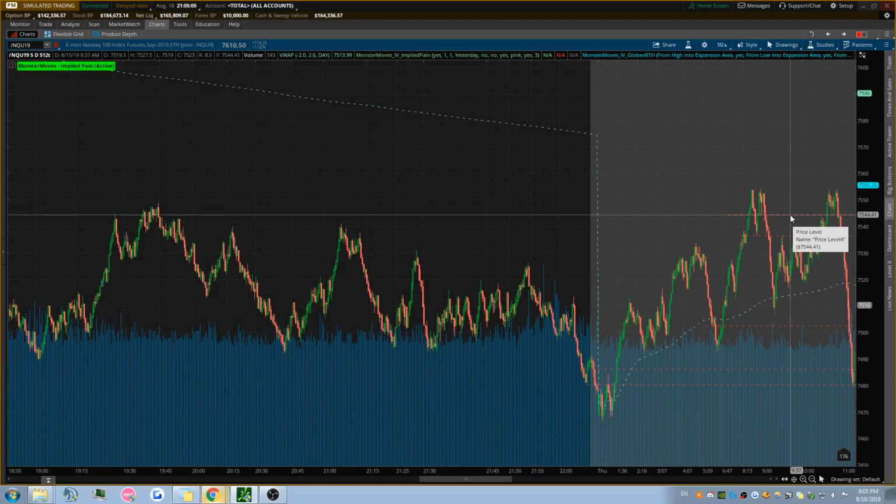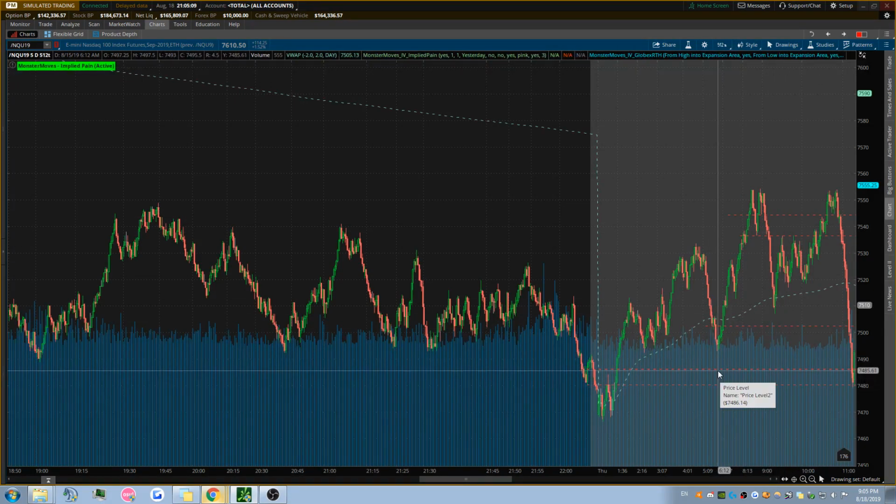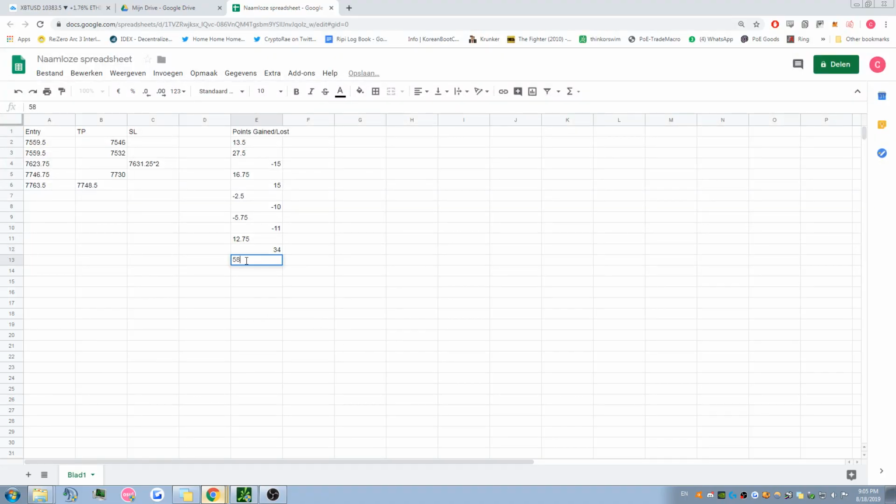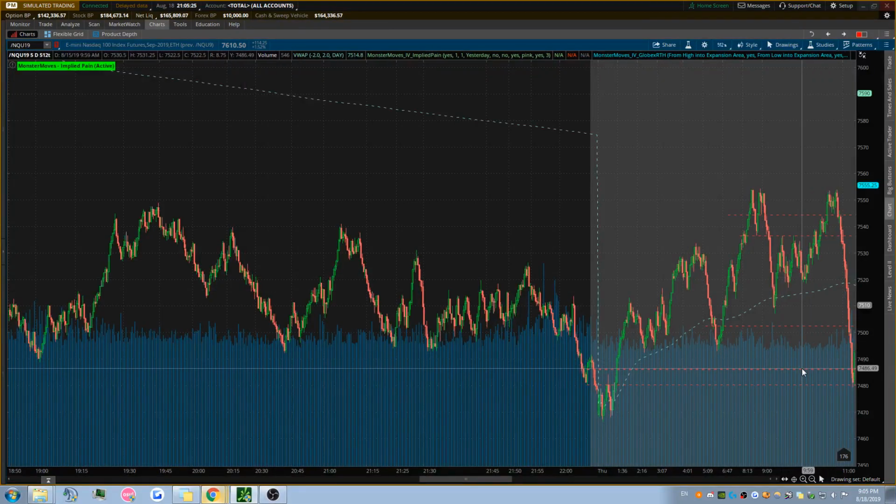This one is 44 and a half. Let's just say 44. So that's minus 44, minus 14 is 58 points. And now I'm long two contracts with a stop below here.